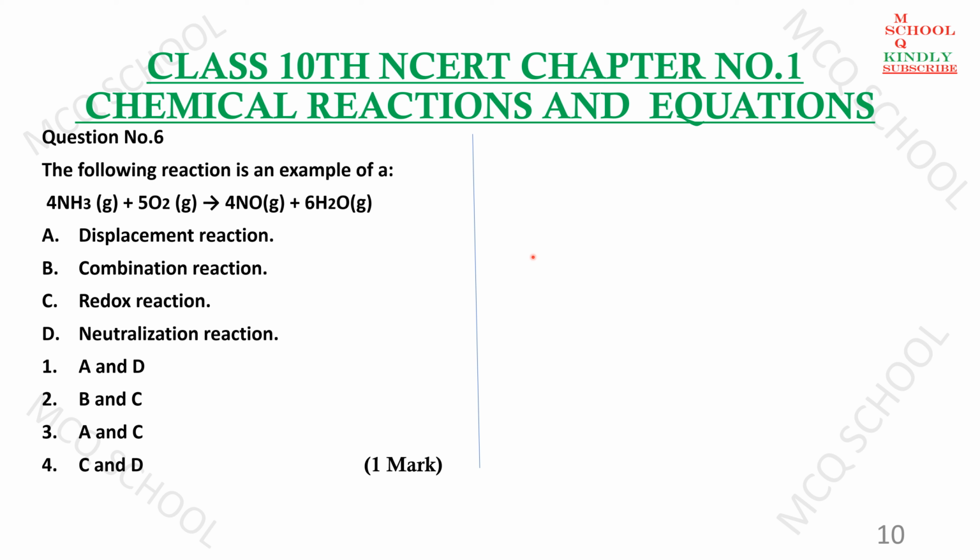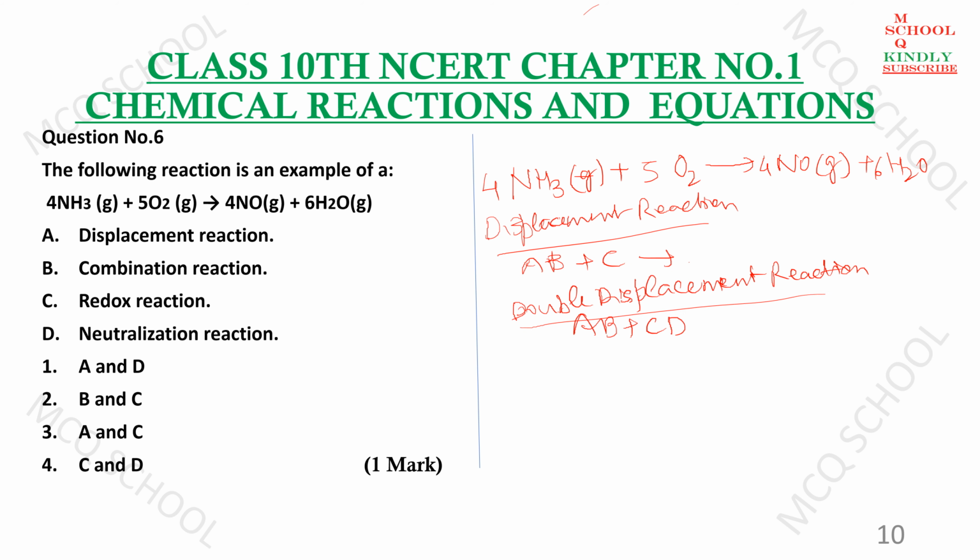For understanding better, we have to write the equation and try to understand. In this case, it shows a displacement reaction, because it's a single displacement of ammonia with O2.